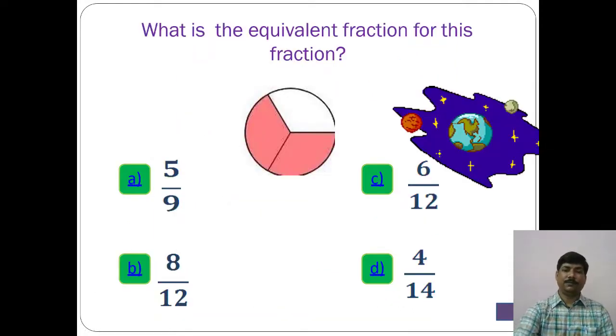Now some more questions. What is the equivalent fraction for this fraction? Please tell me. This is a picture in which the fraction is not given directly. It is given by the shaded portion. So first you have to write the fraction for the shaded portion.